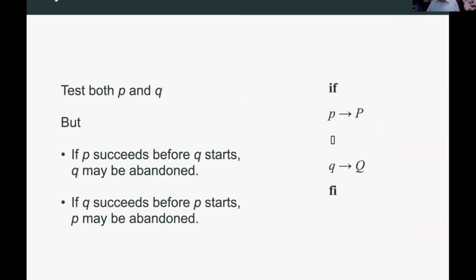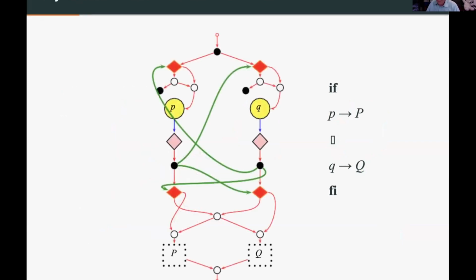Back to Dijkstra. What I said I wanted is to test P and Q, but if one of them finishes successfully before the other one starts, then don't bother with the other one. And this is how one can describe that. The left branch is P, the right branch is Q. You start out by taking both branches, that's the black circle, which is an and, do both.